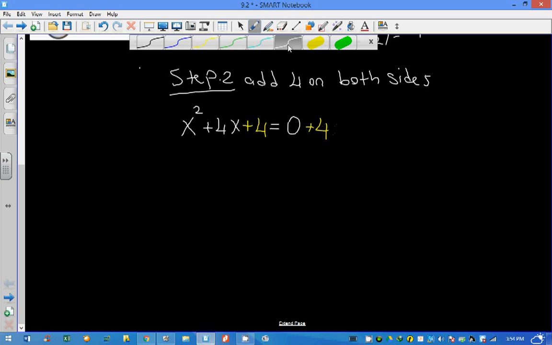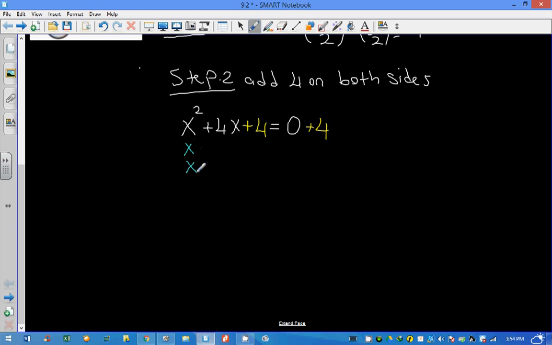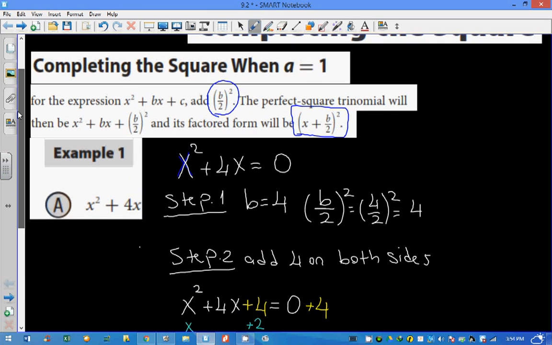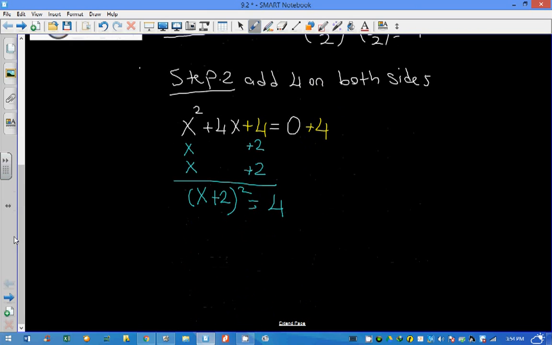So later on, we have to factor: x and x, 2 and 2, which is positive 2 and positive 2 according to the middle number. (x plus 2) to the power of 2 equals 4. And I completed the square when a is 1. This is my perfect square. So that's the final answer.